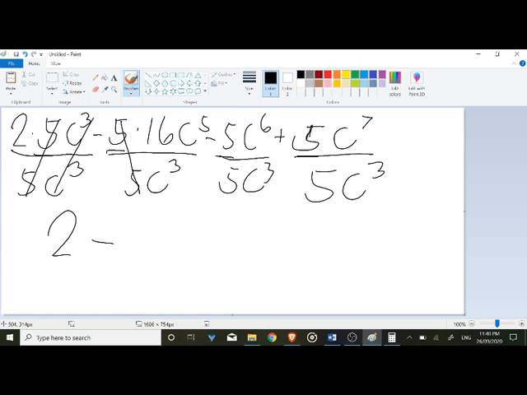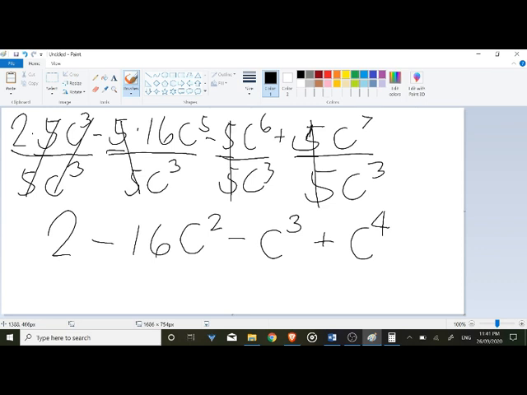Divide 16. 5 minus 3, that is 2, minus 6 minus 3 ang exponent, that is c to the 3rd power, plus 5 divided by 5, that is 1, c to the 7th power divided by c to the third power, that's 7 minus 3 for the exponent, we have 4.